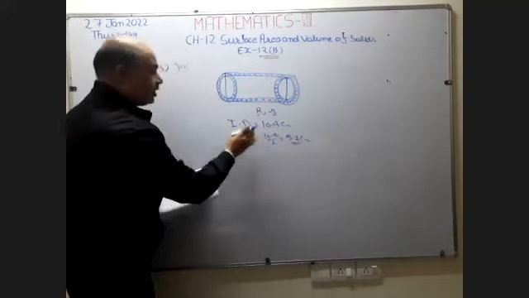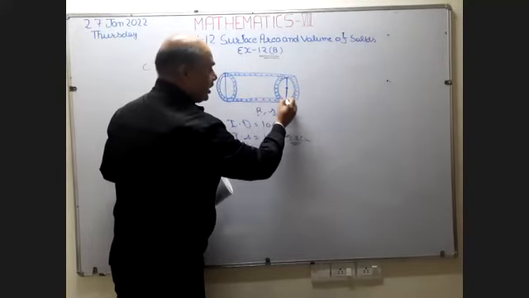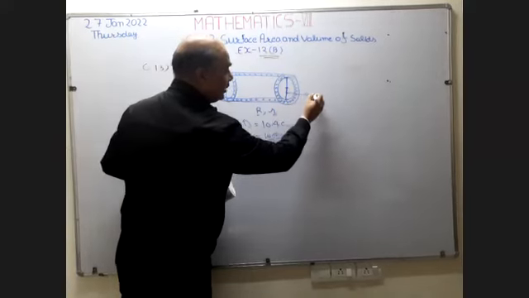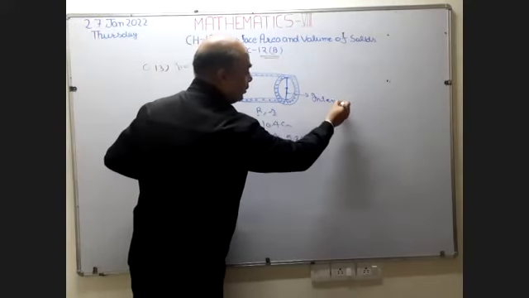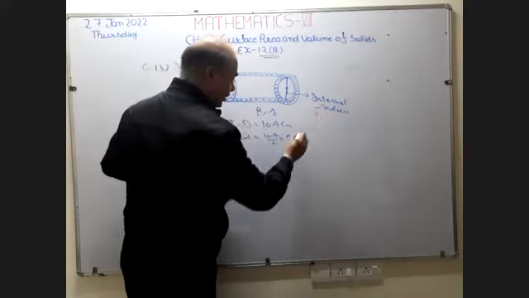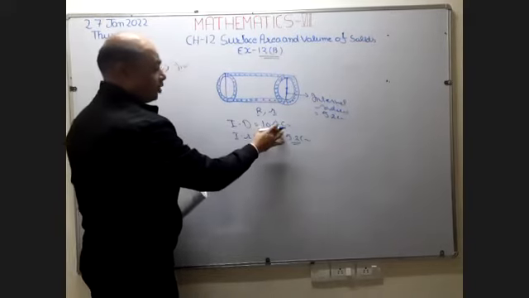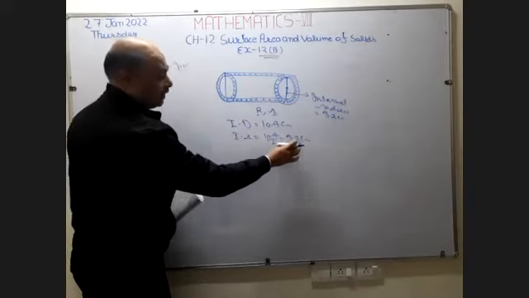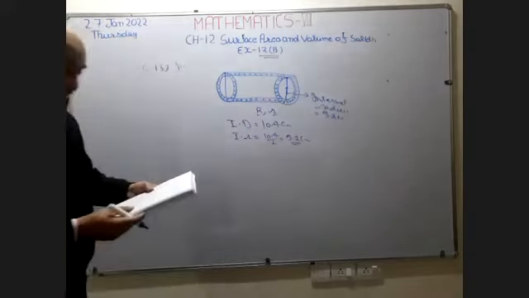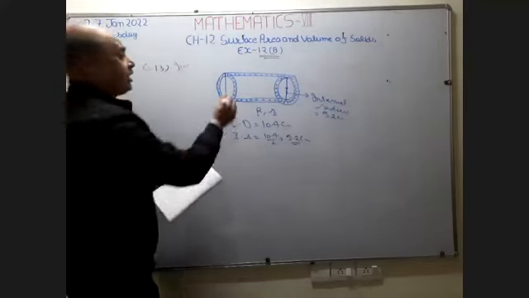So this is the internal radius of the pipe. I write here internal radius 5.2 centimeter, because the diameter is given 10.4, so I divide the diameter by 2. Now check what else is given. The length of the pipe is given 25 centimeter.